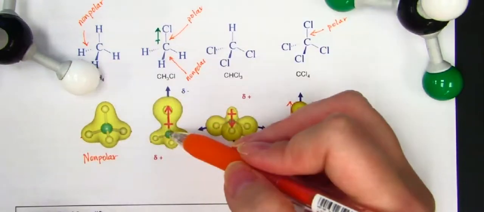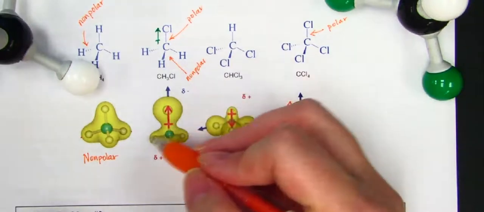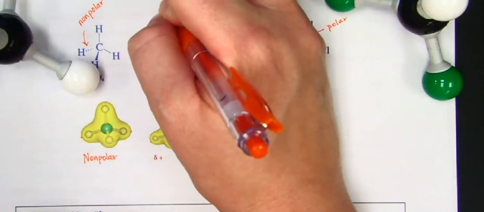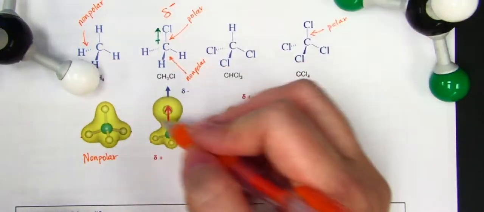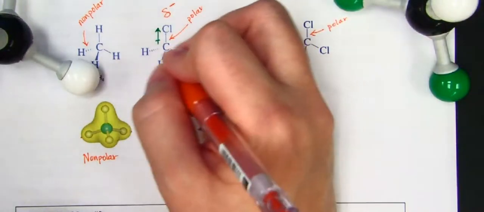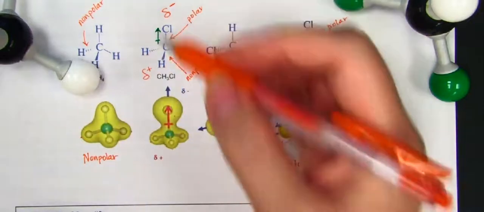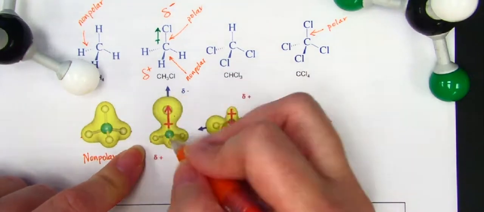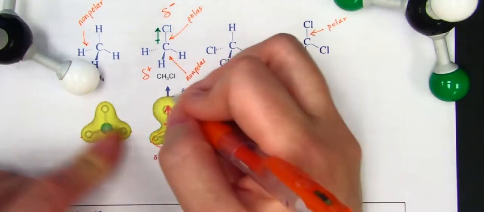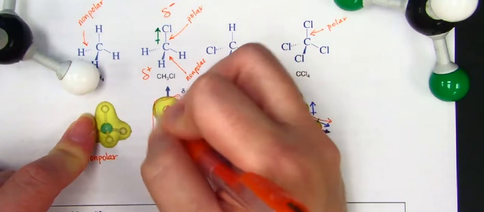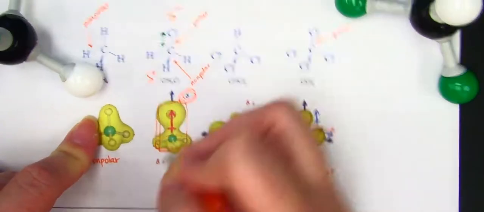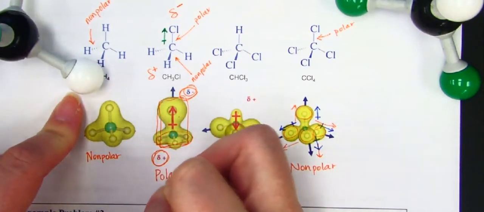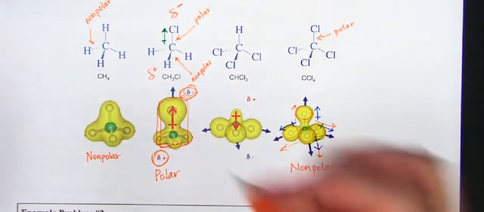So there's really only pull in one direction, and the other ones are not pulling at all. So because the electrons are going towards the chlorine, that's going to be a partial negative part of the entire molecule. And then the other side is going to be partially positive. So even though these are nonpolar bonds down here, the entire molecule as a whole has a negative side and a positive side. It's a polar molecule.